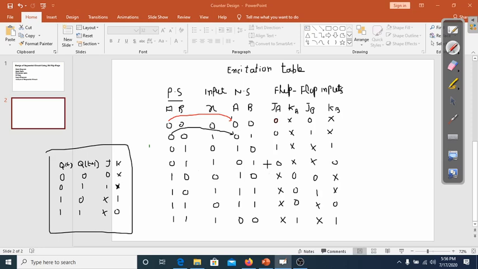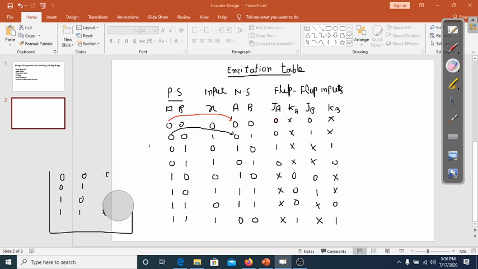Now, this excitation table, I will simplify it using the K-map. Okay, now let me go for K-map.